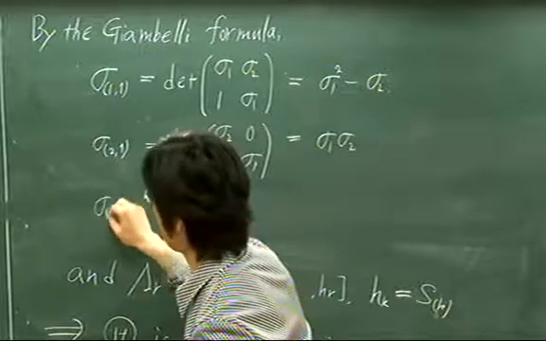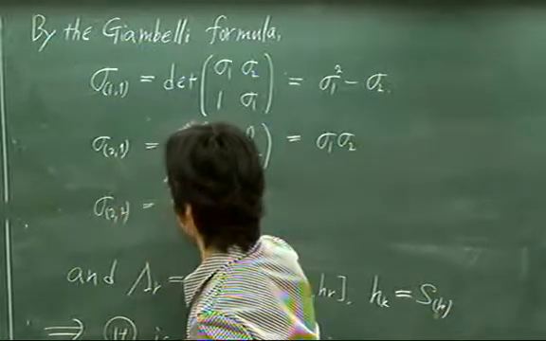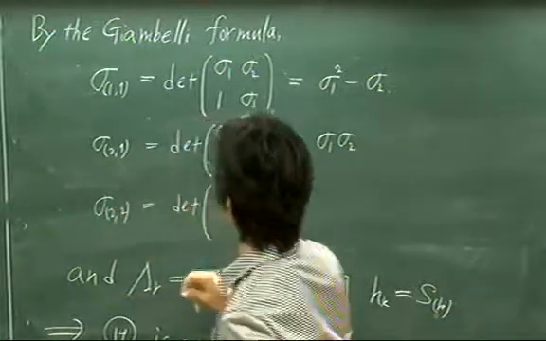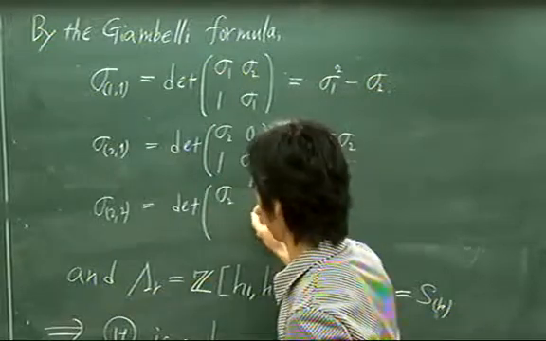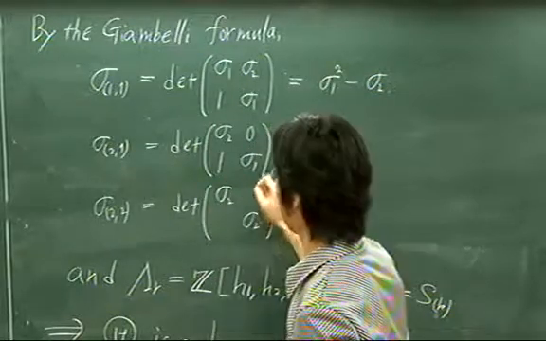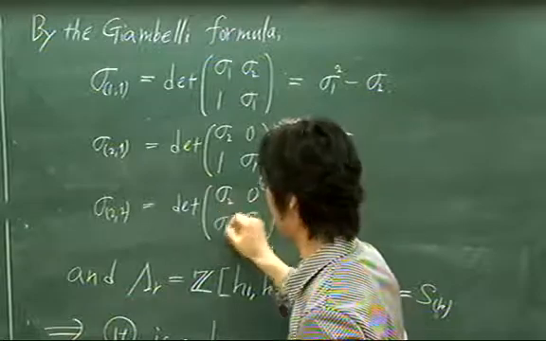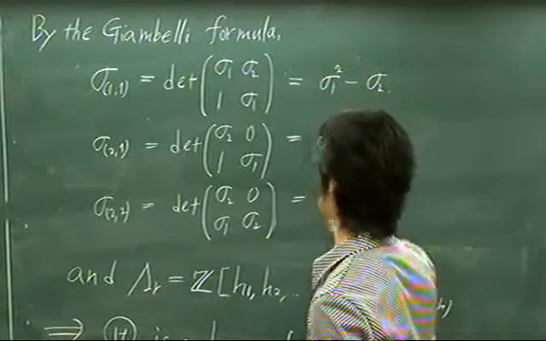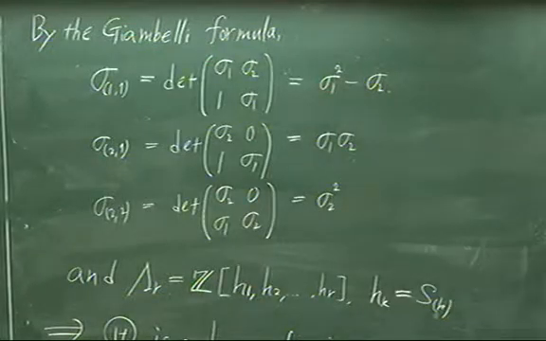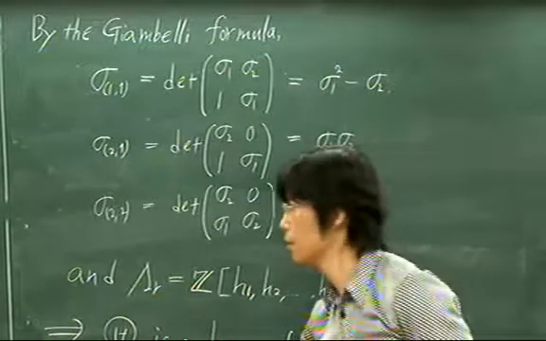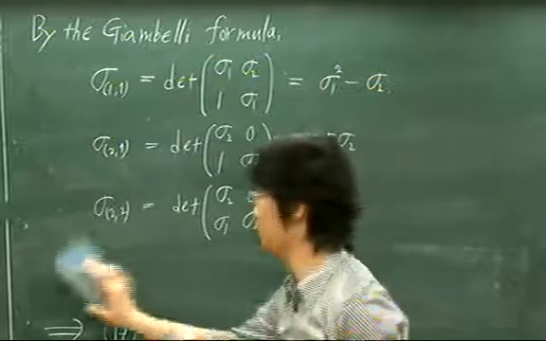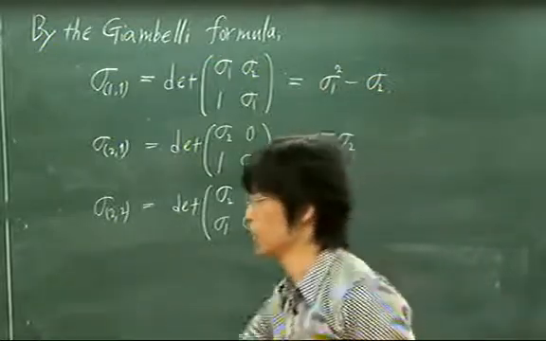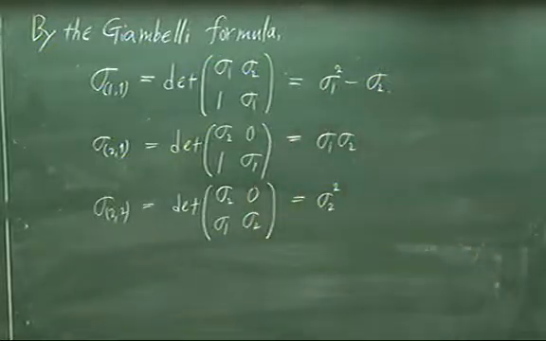And also sigma 2,2 is the determinant with sigma 2, sigma 2, 0, sigma 1. So that's the square of sigma 2. In this way, we can express each Schubert class as a polynomial in the special classes.